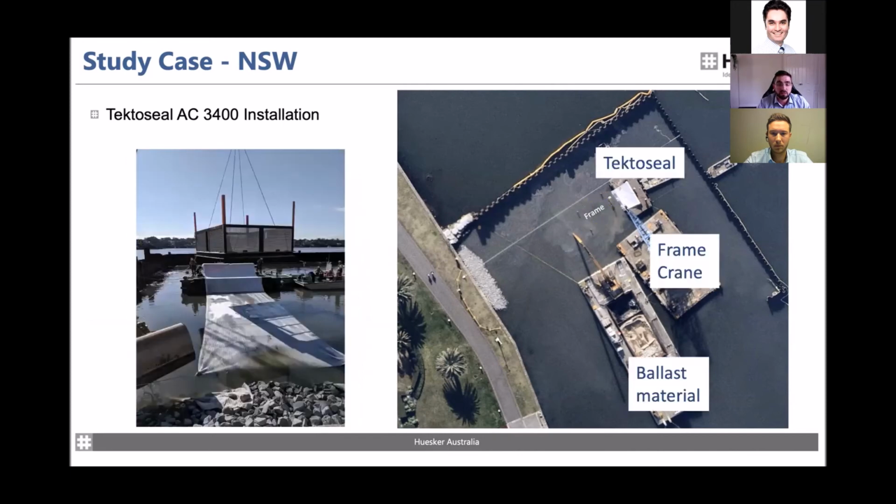So for the installation, they used 3 barges, one smaller with the Tactor Seal active with activated carbon, one for the frame to be moved around the area, and one to transport all the ballast and top covering material.